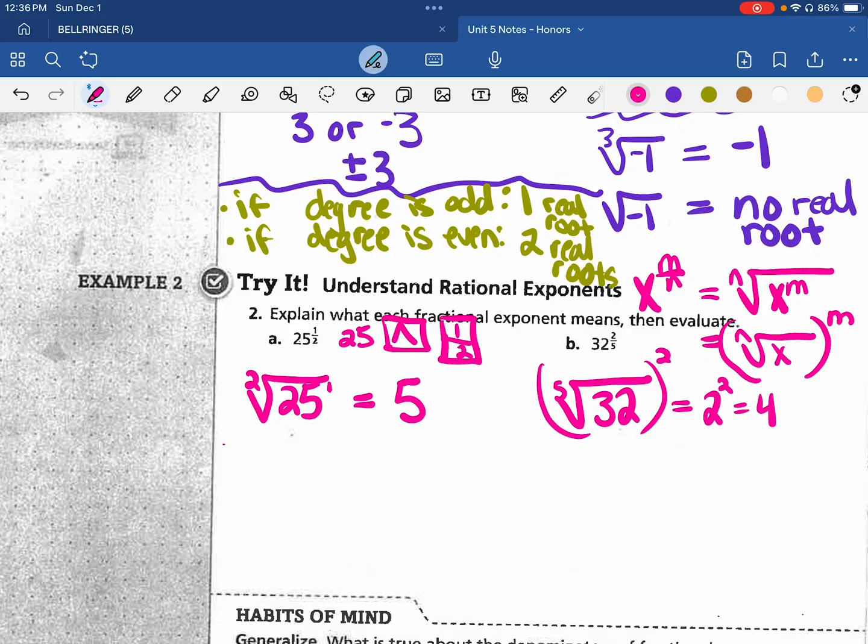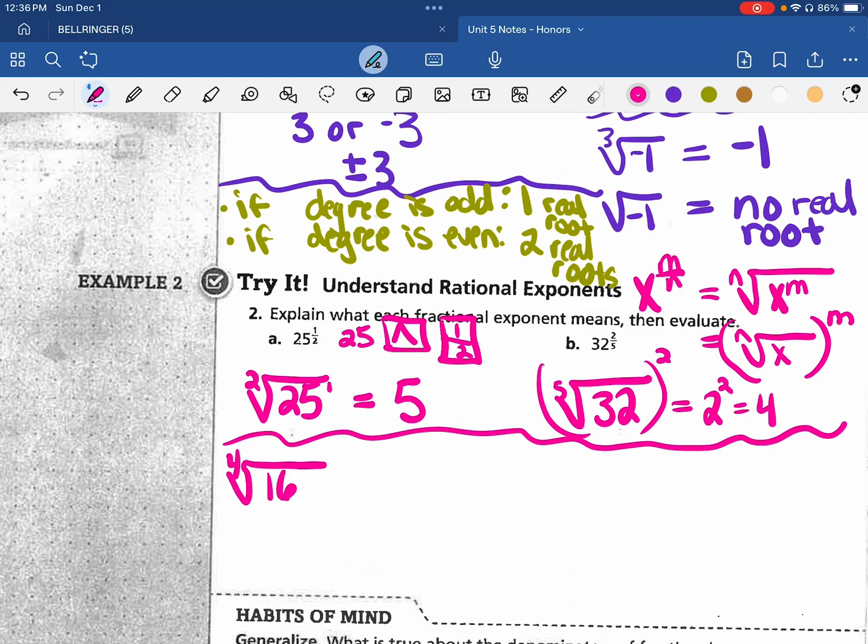Okay, we're going to add a few examples because sometimes they go backwards. They'll give you the radical form. Let's say fourth root 16 to the third, and they'll say write that in exponential form. So you'll rewrite that as 16, then it's power over root, to the 3/4, which you could do that.